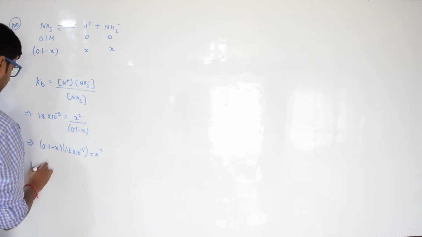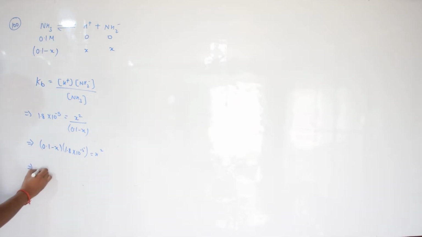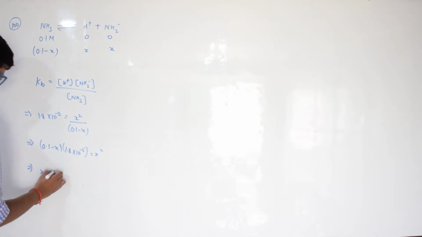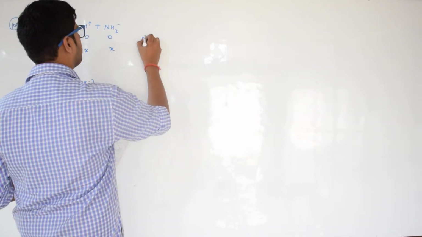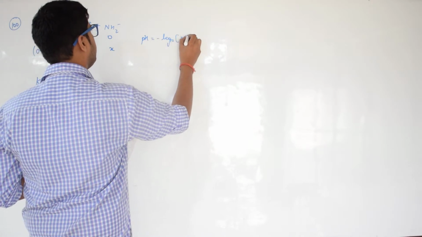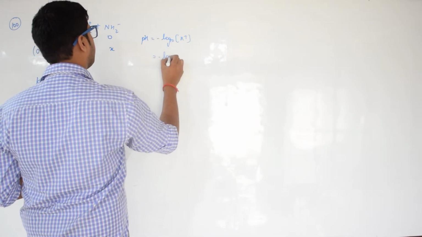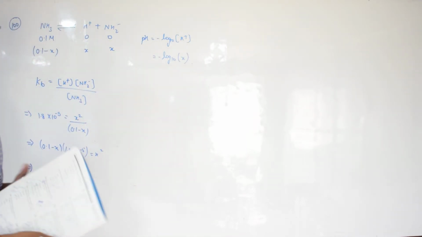From here we will get the value of X, and it will come approximately, and after that we have to calculate pH. So, pH will be equal to minus log 10 of the concentration of H plus ion, and we know the value of X, that will be the pH.